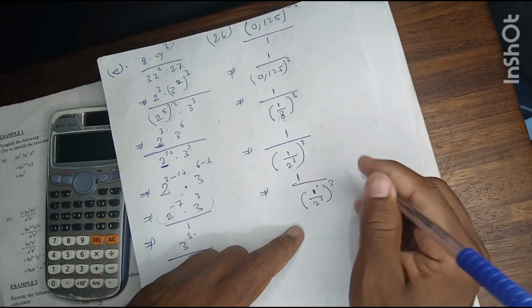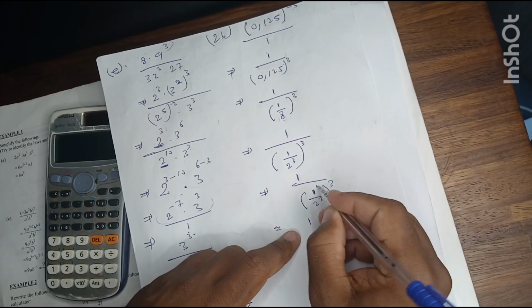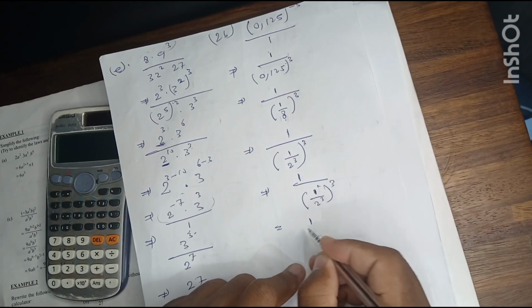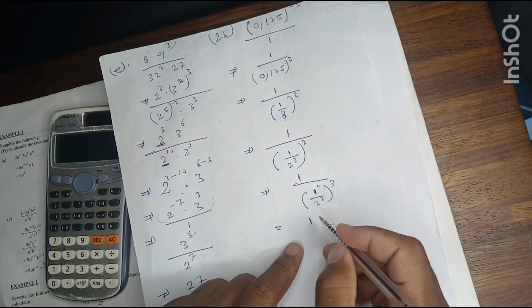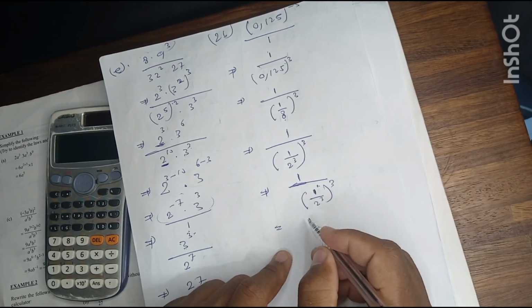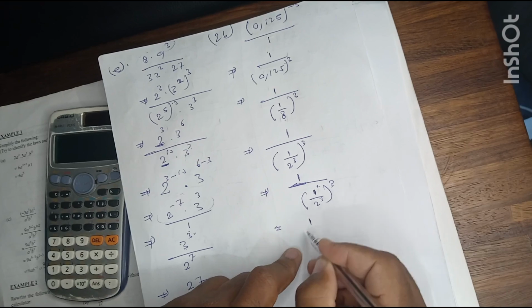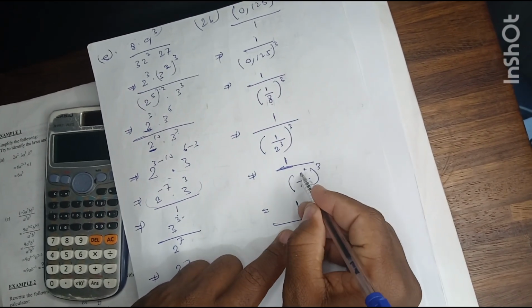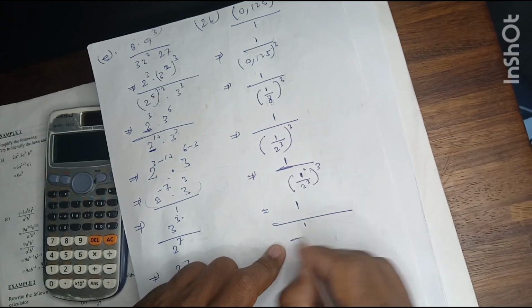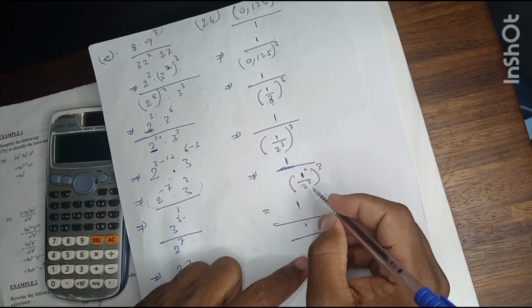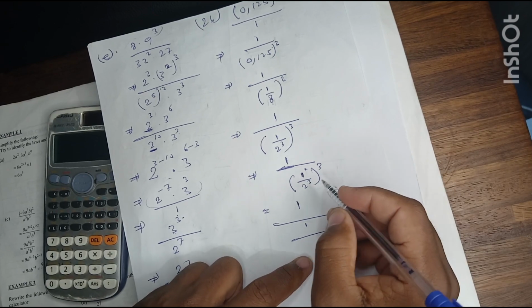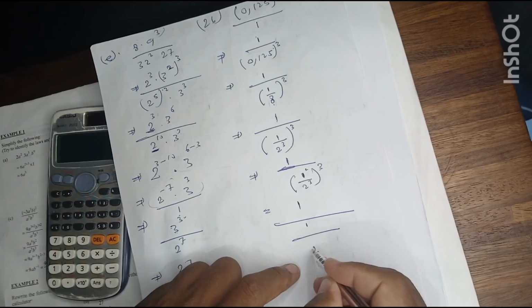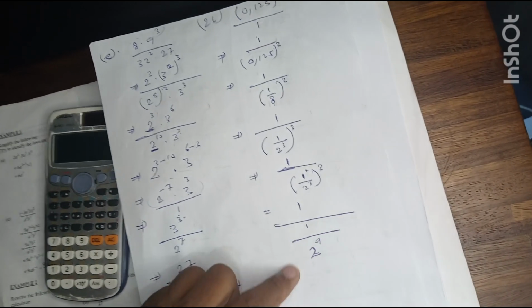Then we remove the brackets. 1 times 3 is 3, but since 1 is our base, our answer will still be 1 all over. Then the 2 to the power of 3, all to the exponent 3: 3 times 3 is 9, so it's 2 to the exponent 9, like this.